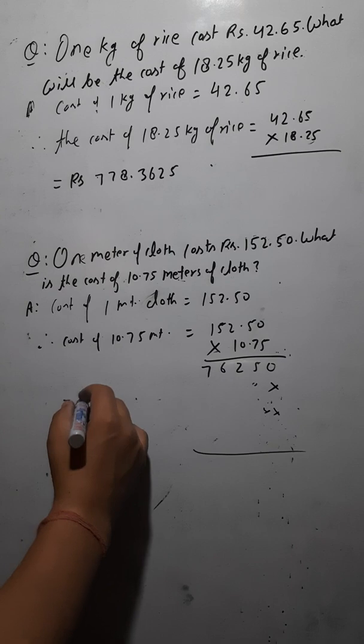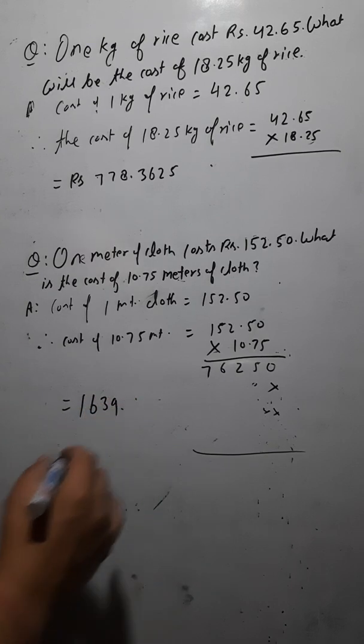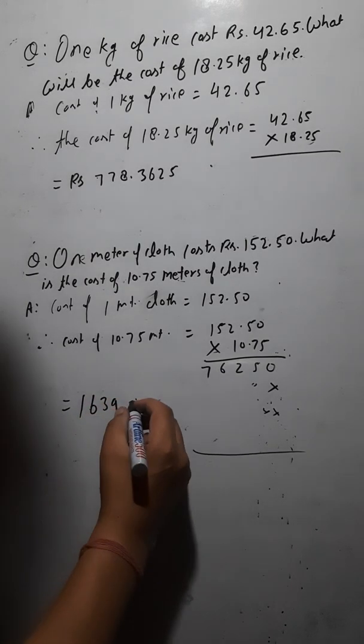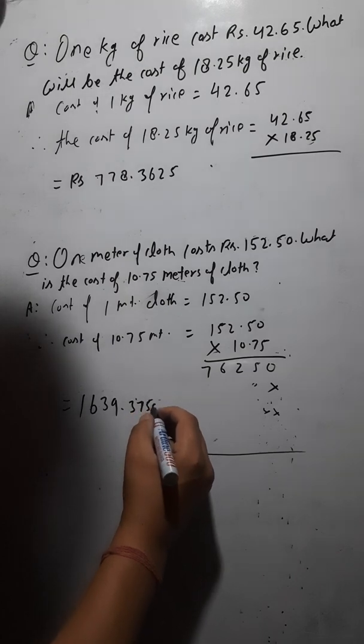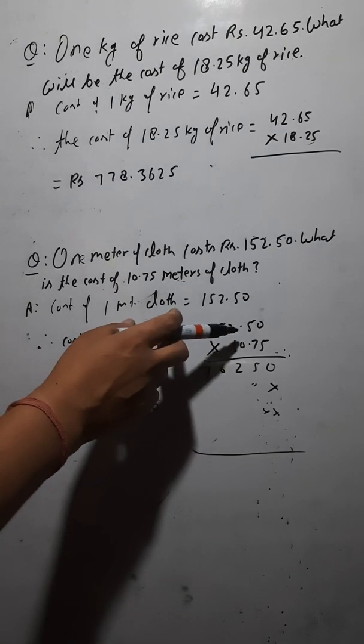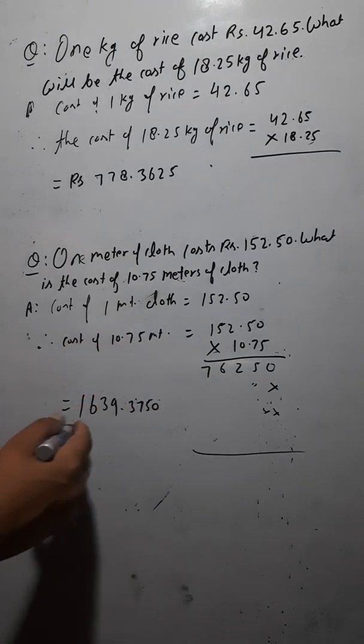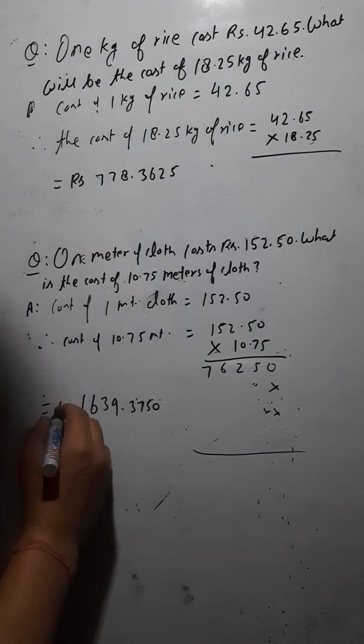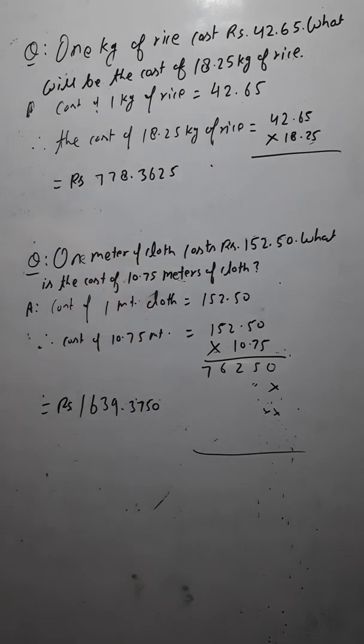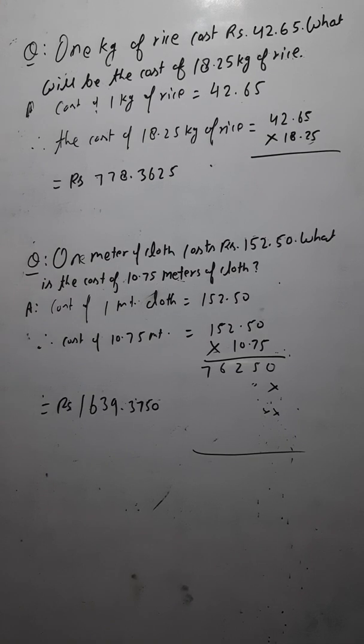It is 1639.3750. Look here, how many places for the decimal? Here 2, here 2, so total 4 places. So this would be the answer. This would be the cost of this much cloth, isn't it? Okay, just note these questions, then afterwards we will move ahead.